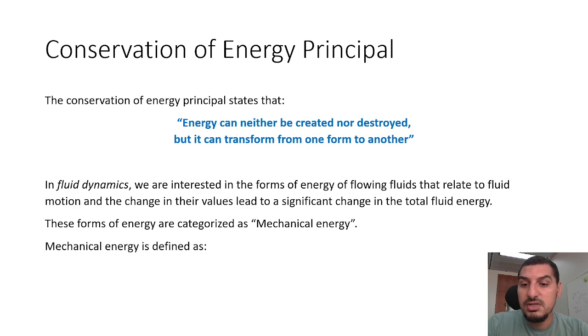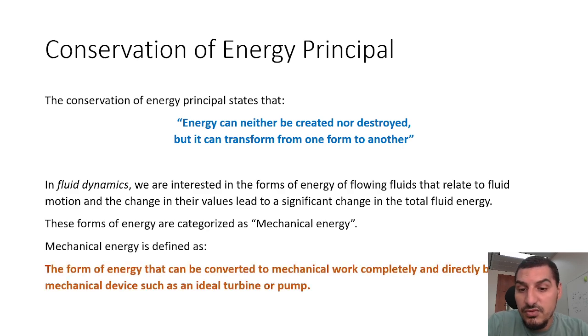The mechanical energy is defined as any form of energy that can be converted to mechanical work. Mechanical work meaning rotating a shaft or doing any mechanical work. So any form of energy that can be converted to mechanical work completely and directly, and this is important, directly. So it's not something that will convert to another form and then to mechanical energy. It has to be directly converted from this form into mechanical work, using an ideal mechanical device such as a turbine or pump.